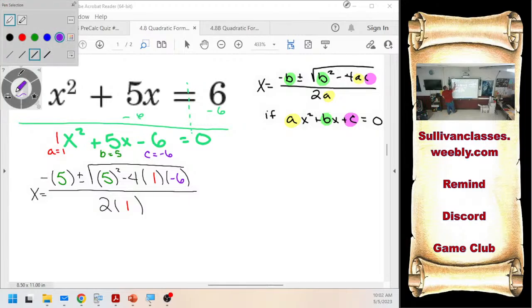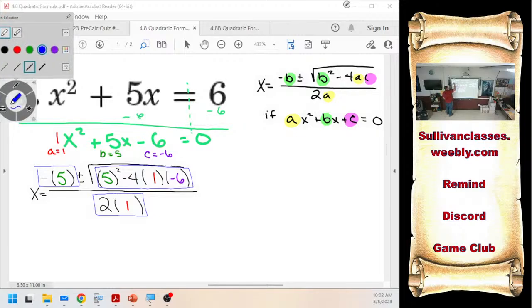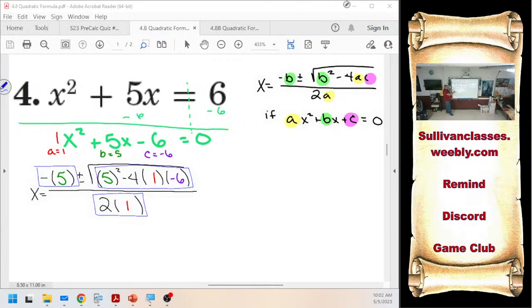So I'm able to do this spot and this spot together in chunks. Nice part about that is you can just jam this into the calculator if you don't want to do any mental math. If you want. Just make sure you're using the parentheses. So tell me, what is the negative of 5?